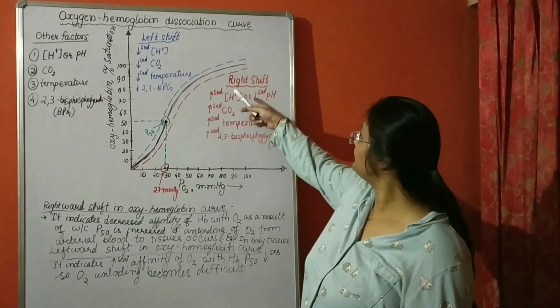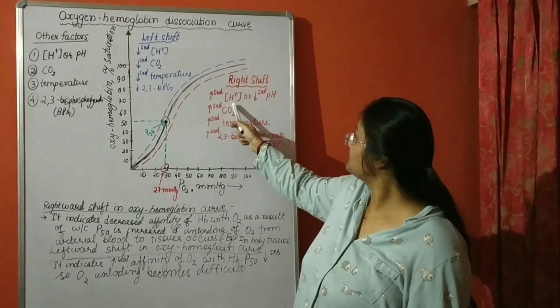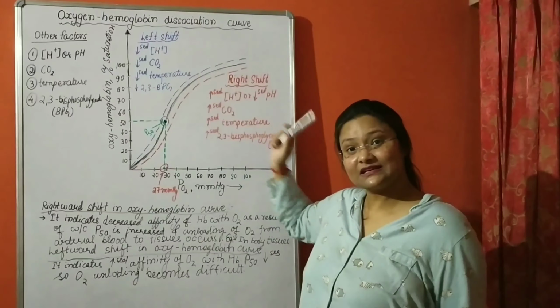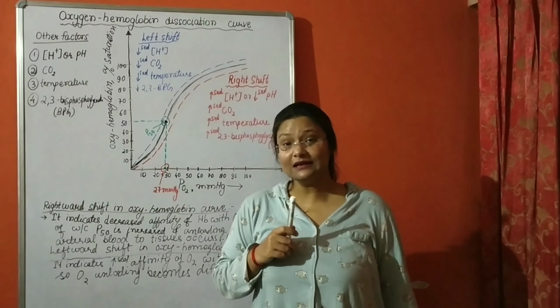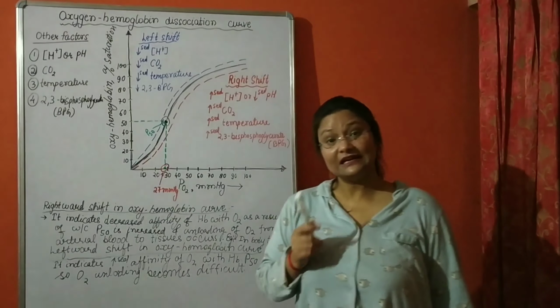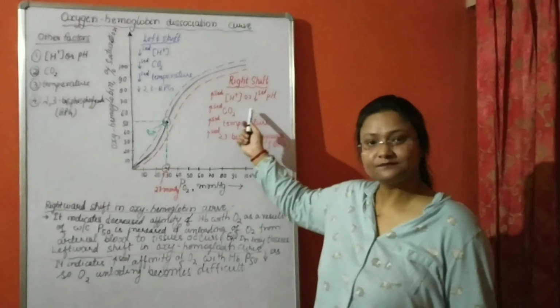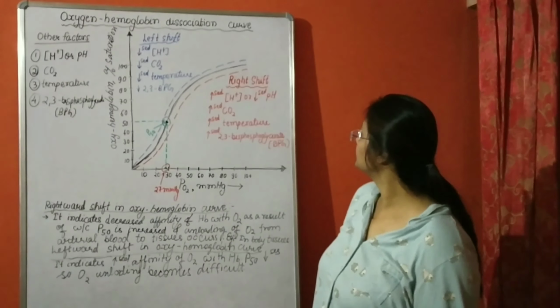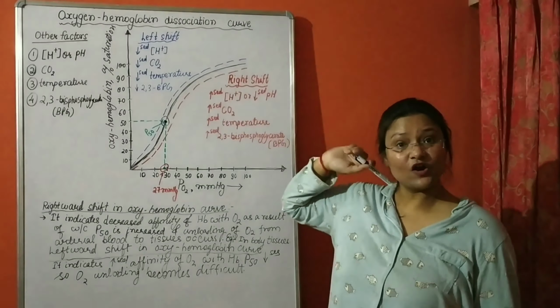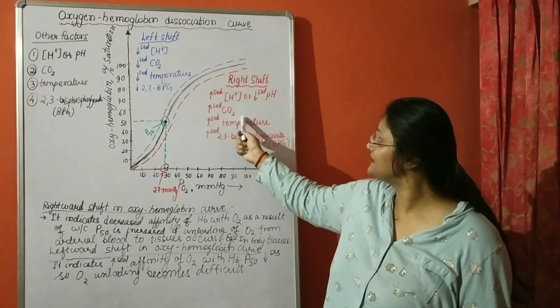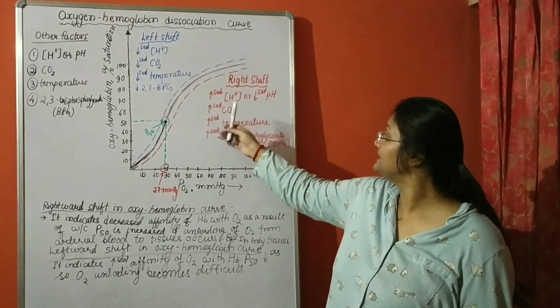So rightward shift occurs when H plus ions, like protons, increase, and we know that increase in H plus ion concentration means decrease in pH. Increased carbon dioxide is also associated with decrease in pH.